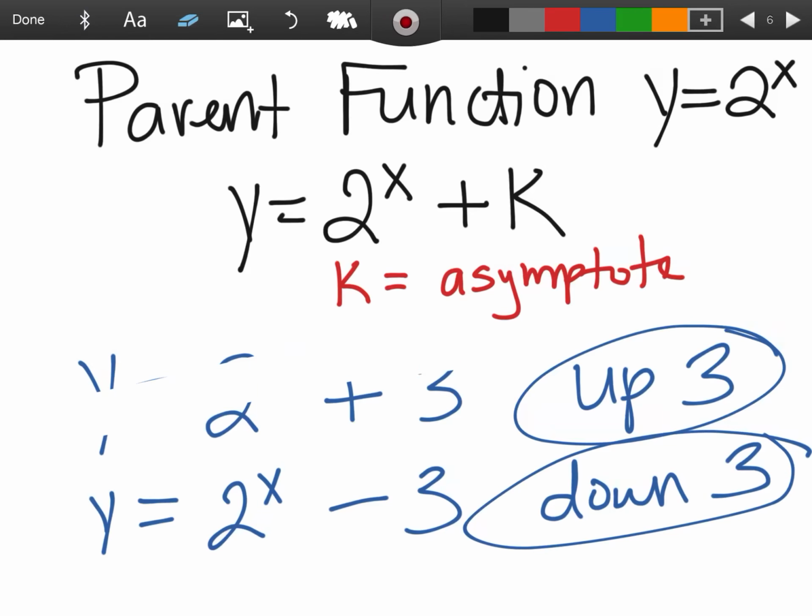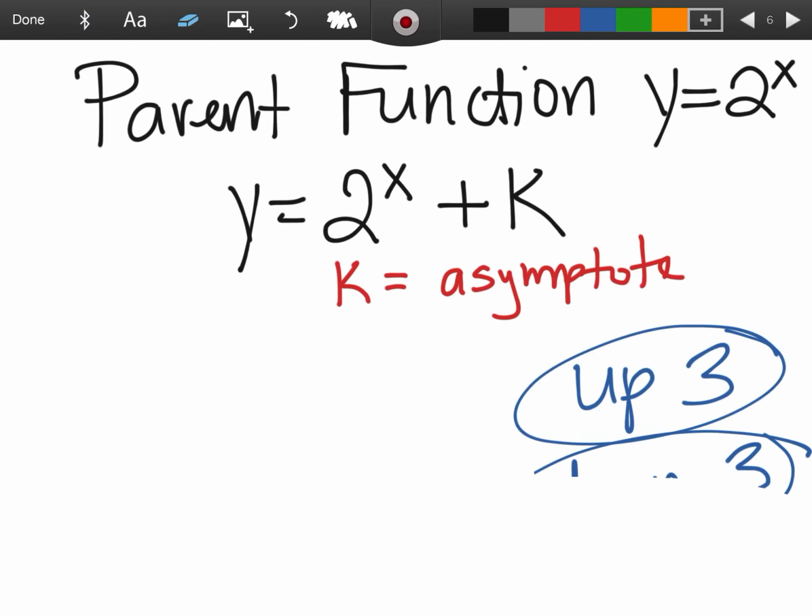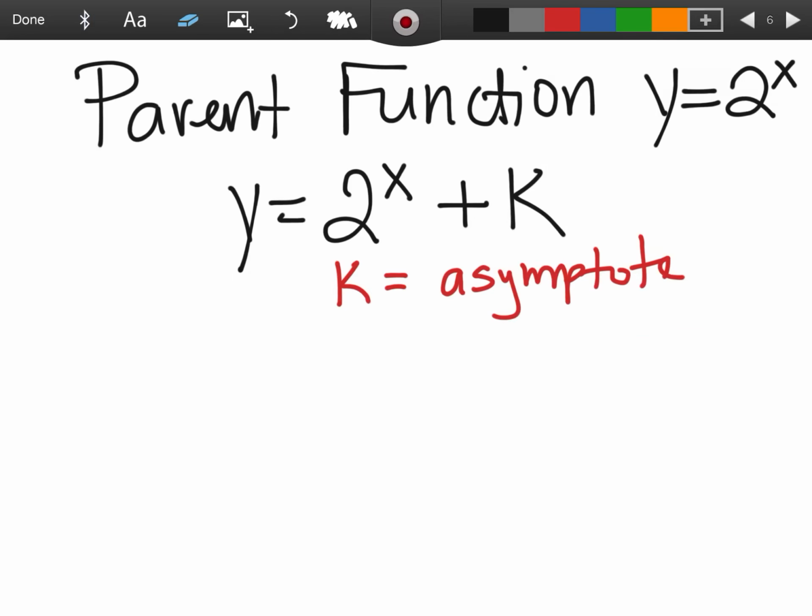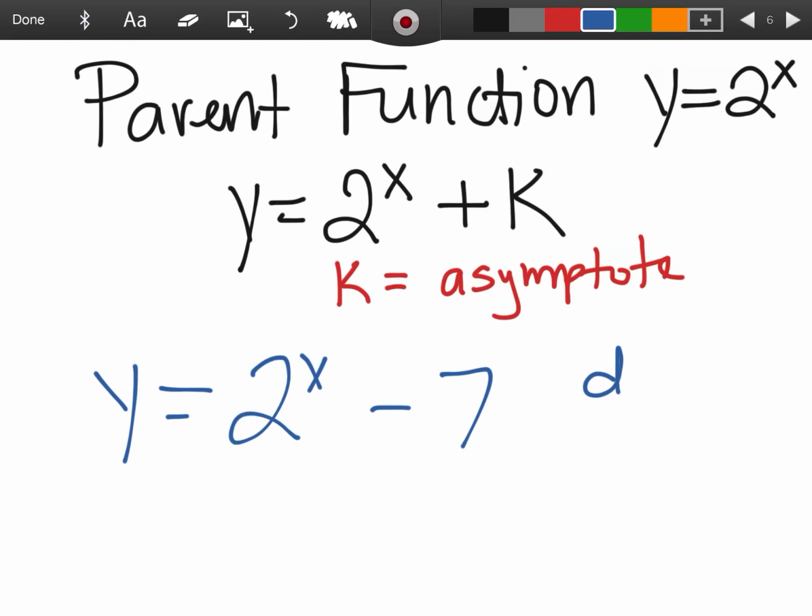What if I had, let's say, y equals 2 to the x minus 7? That's down 7 units. Also, my asymptote is going to be -7, okay?